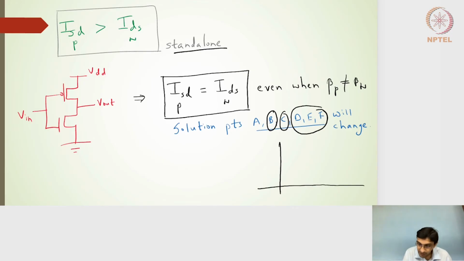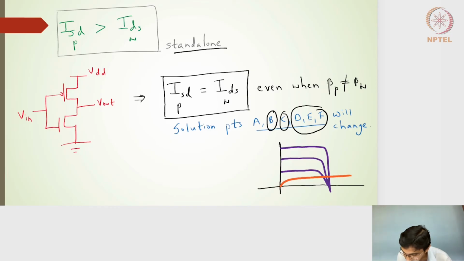Let me draw a different one. So the PMOS current, and if I draw the NMOS current, something like this. So the intersection points here, and somewhere here, this particular point might be different now.